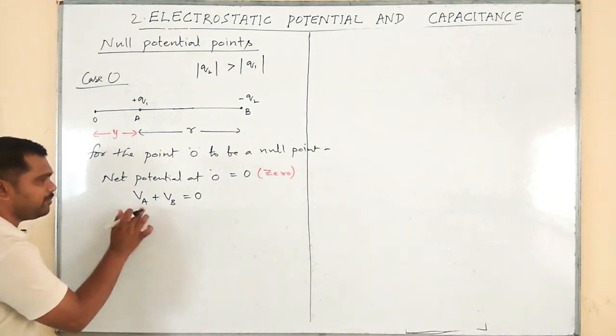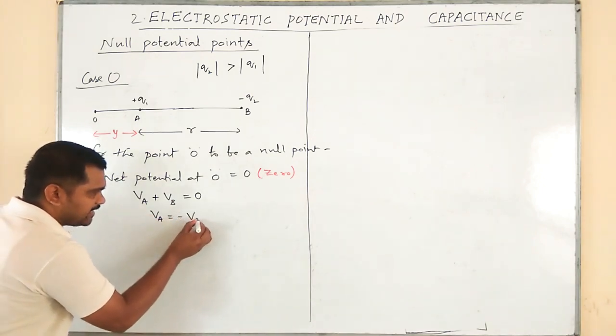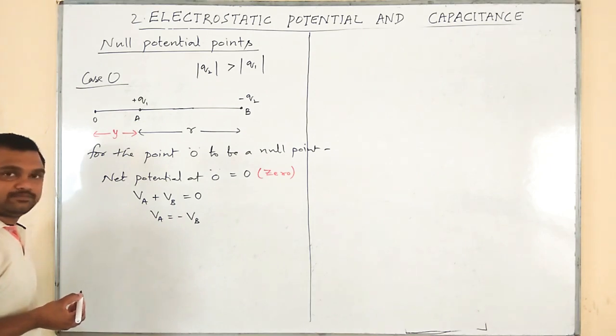What is the value of VB? Okay, here I will do one thing. VA is equal to minus VB. Like that I will write.